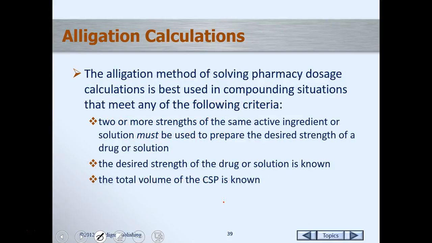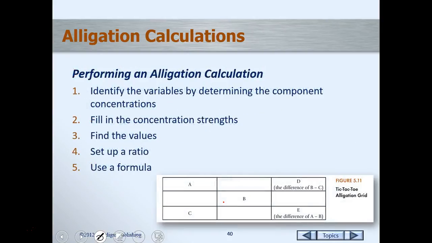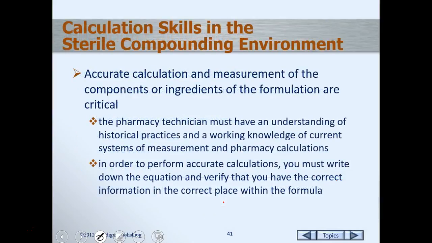So you can review the alligation, and we'll go over this when the appropriate time comes. But this is just the process of alligation. The book does discuss it. You also did it in math, and I believe in pharmacy practice.